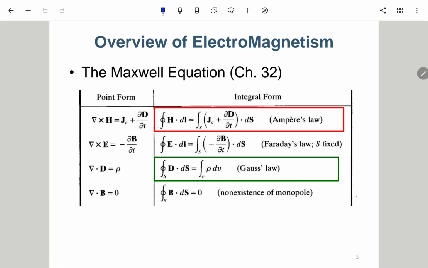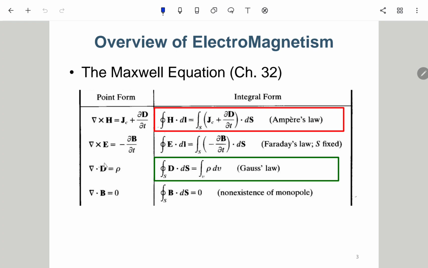Okay, so let us recall this overview of electromagnetism. So we have the Maxwell equations. We will learn the whole thing in chapter 32. But actually, we have already learned Gauss's law in chapter 23, and in this chapter we will also learn Ampere's law, and then next chapter we'll learn Faraday's law, and then also in chapter 32 we'll learn the B field version of Gauss's law.